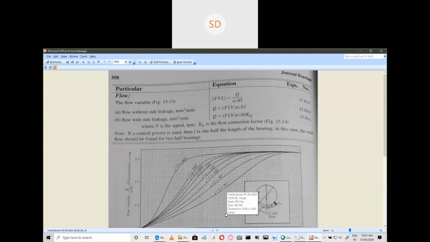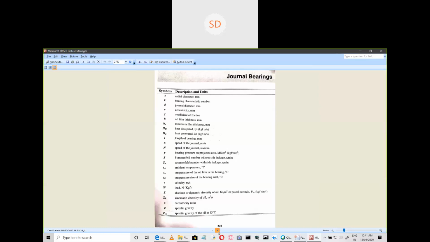B is the angle of contact with some factor. Yesterday we have seen the calculation of B, where you get a B equation. Yesterday we got B equal to something.